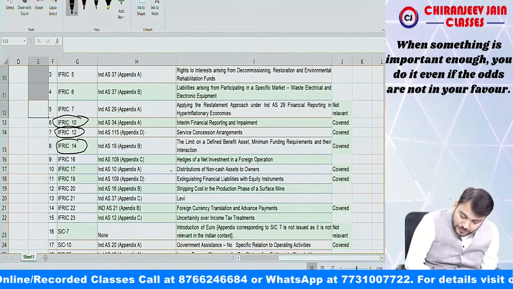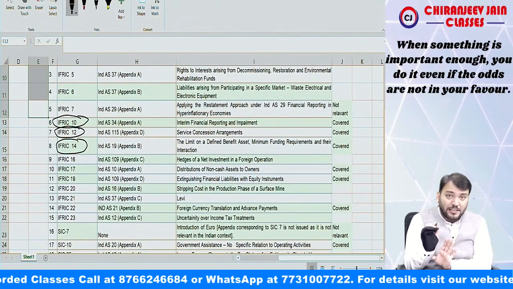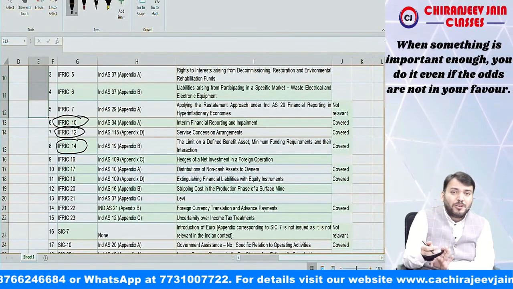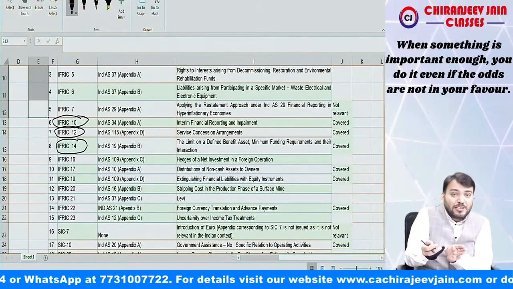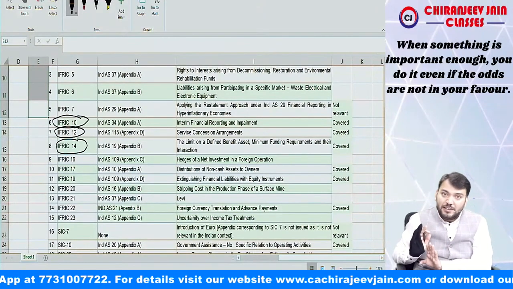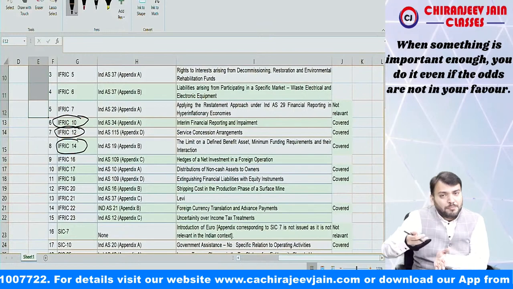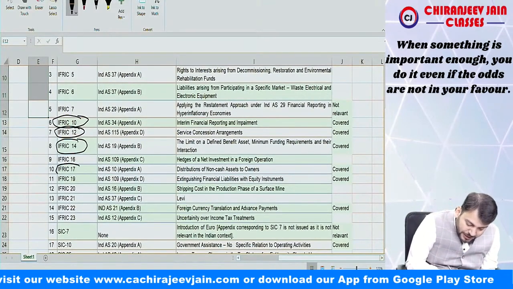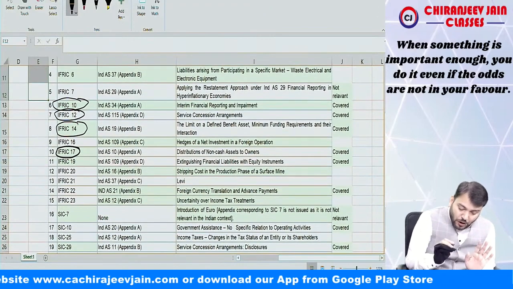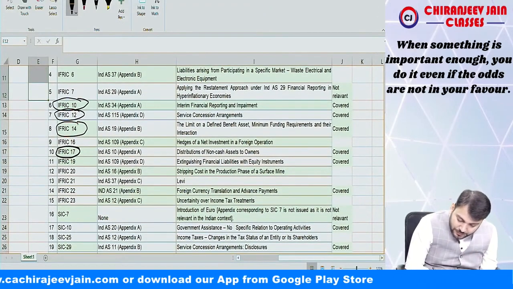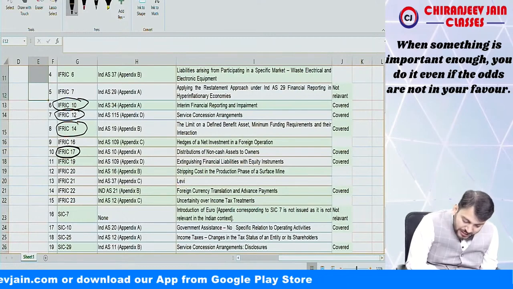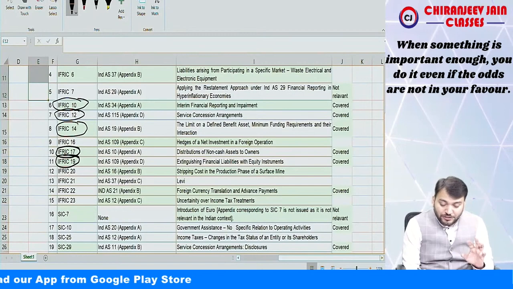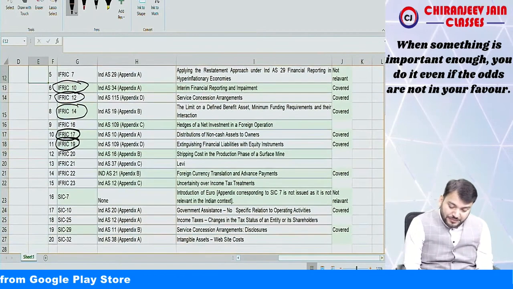Correct. I hope IFRIC 16 has not been covered because they have not given any question based on hedge accounting. So normally teachers don't teach hedge accounting. Even if they are teaching hedge accounting, they will not teach this IFRIC. And even if you have done it, thank you very much. But I will do that IFRIC in class. Now, IFRIC 17 has been done, I hope. If not done, don't worry. Then this IFRIC 19 has been covered. This is extinguishing financial liabilities with equity instruments, based on Ind AS 109.